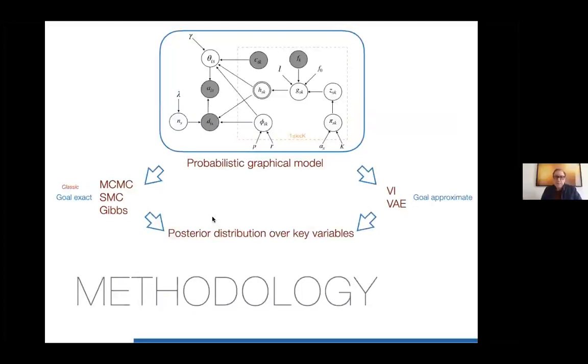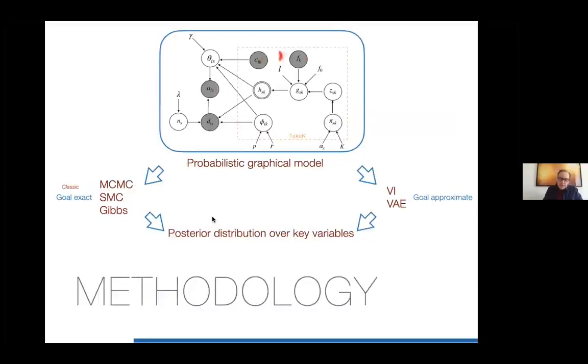Okay. So just start with the general methodology that we apply. It has several mathematical components, but it's easy to communicate. We typically formulate some sort of probabilistic model as a probabilistic graphical model.